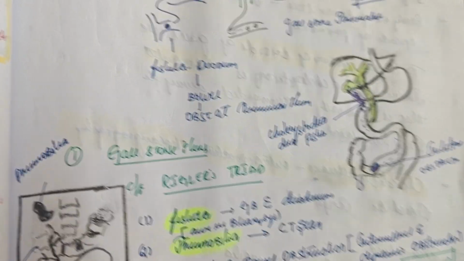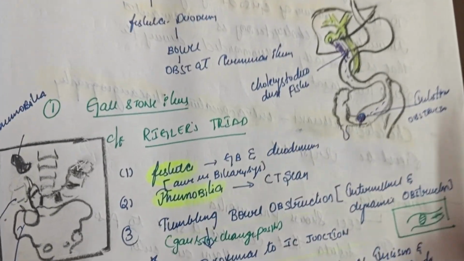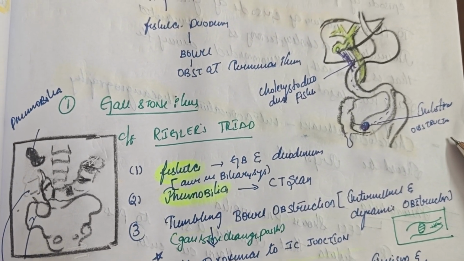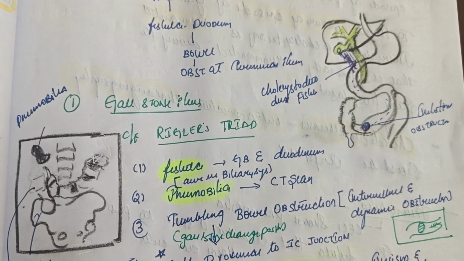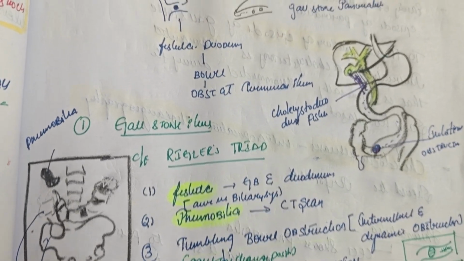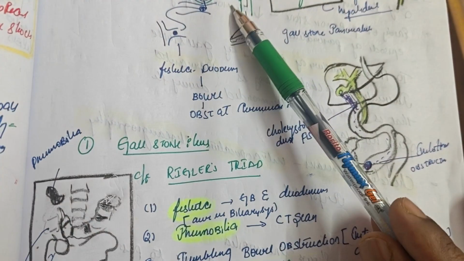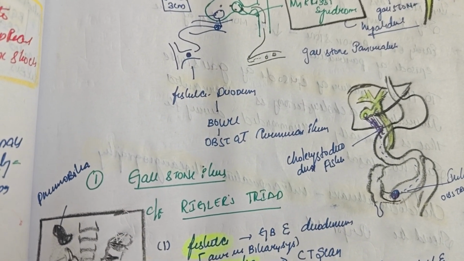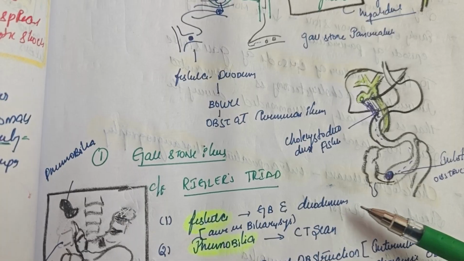So let us understand what exactly happens in gallstone ileus. We have something known as Rigler's triad. In the Rigler's triad, first there is the fistula here. Do you agree? There's a fistula between the gallbladder and the duodenum.